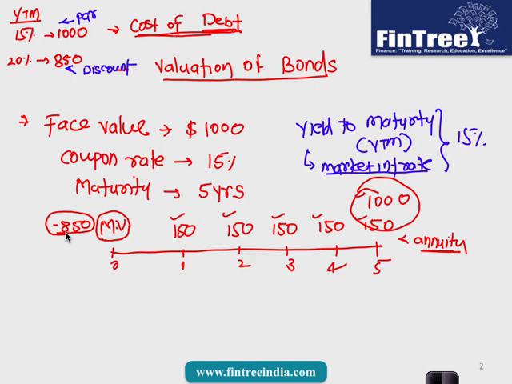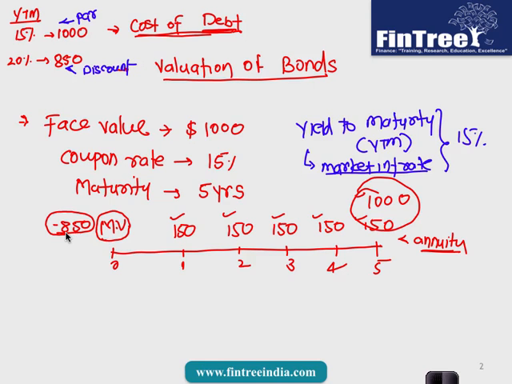Let's calculate an IRR for this investment. Press the cash flow button. Say second clear work. How much should be cash flow 0? 850. So 850 plus minus enter. How much is the cash flow 1? 150. Frequency 1, 4.